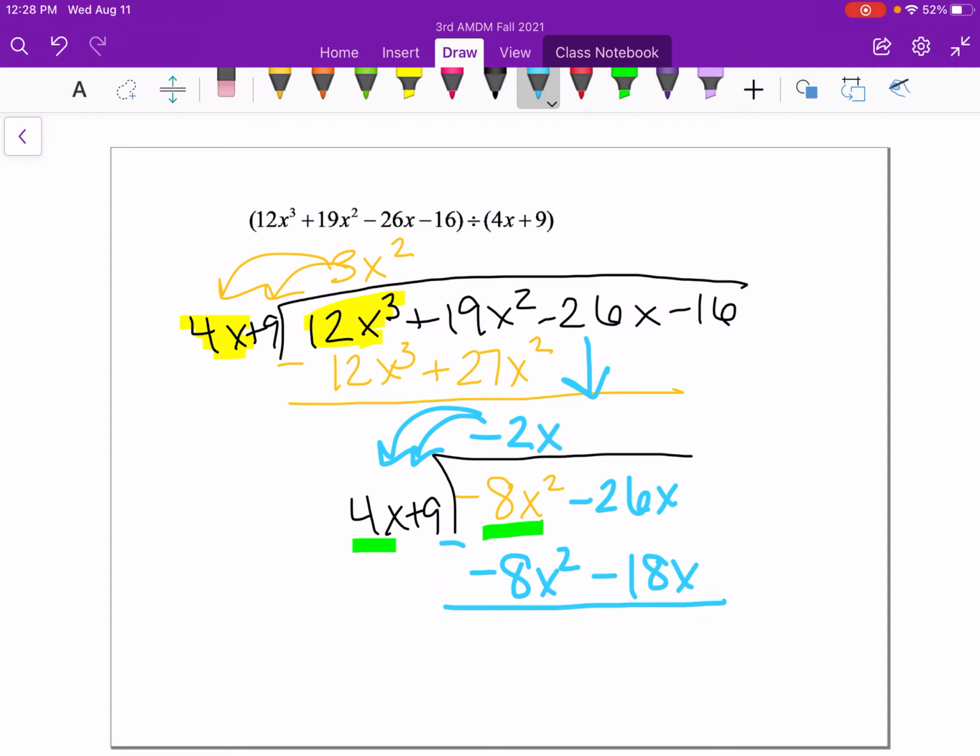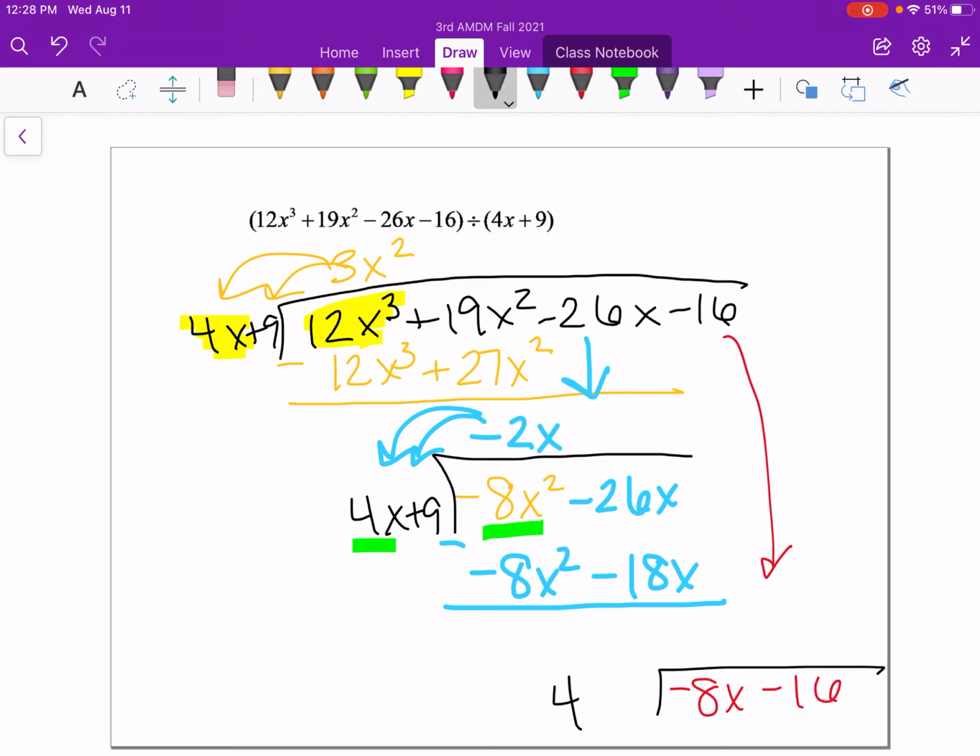And when I do that, I get negative 26 minus negative 18, which is the same as negative 26 plus 18, which is negative 8. This is negative 8x. Oh, I'm going to write that a little lower. And then I bring down the negative 16.